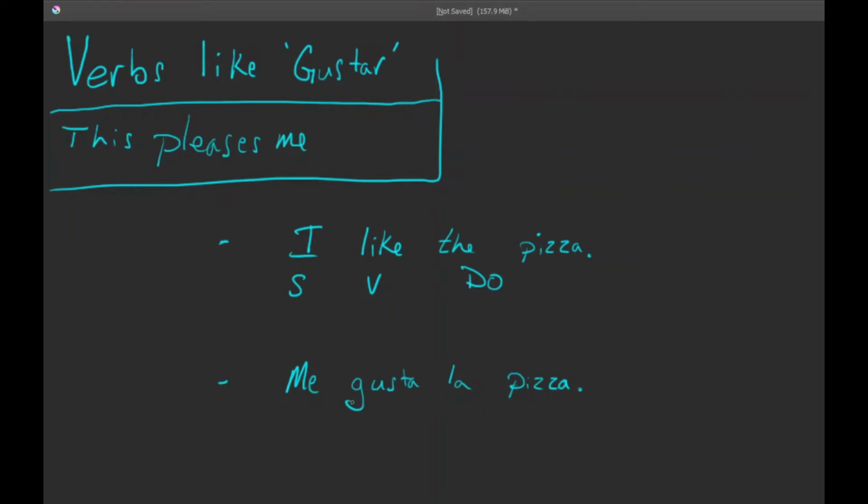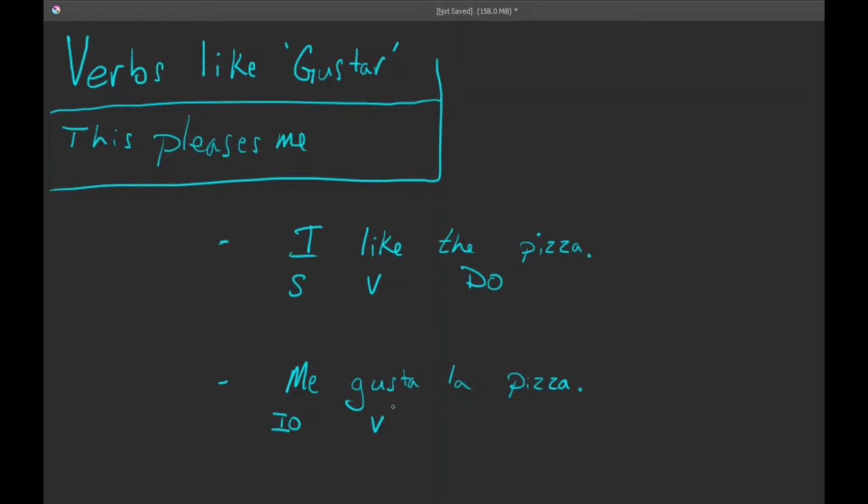In this sentence, gusta is the verb that we're using here, and I'm pretty sure most Spanish teachers will teach their students, at least in the beginning, that gustar means to like. So when I say me gusta, that means I like it. What's actually happening here is that me is an indirect object, that means to me.